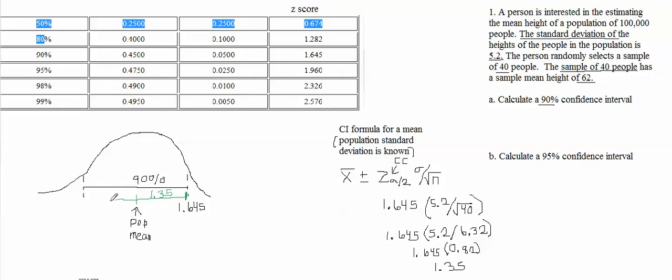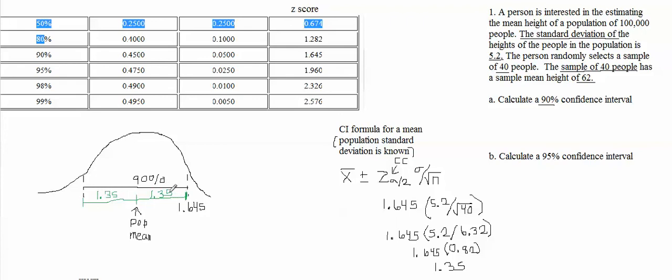Remember that the distance to this boundary is the same number. In our other examples, we saw that they're the same number. So this 1.35 is our 90% margin of error. It's the distance from the population mean to the two boundaries of the middle 90%.